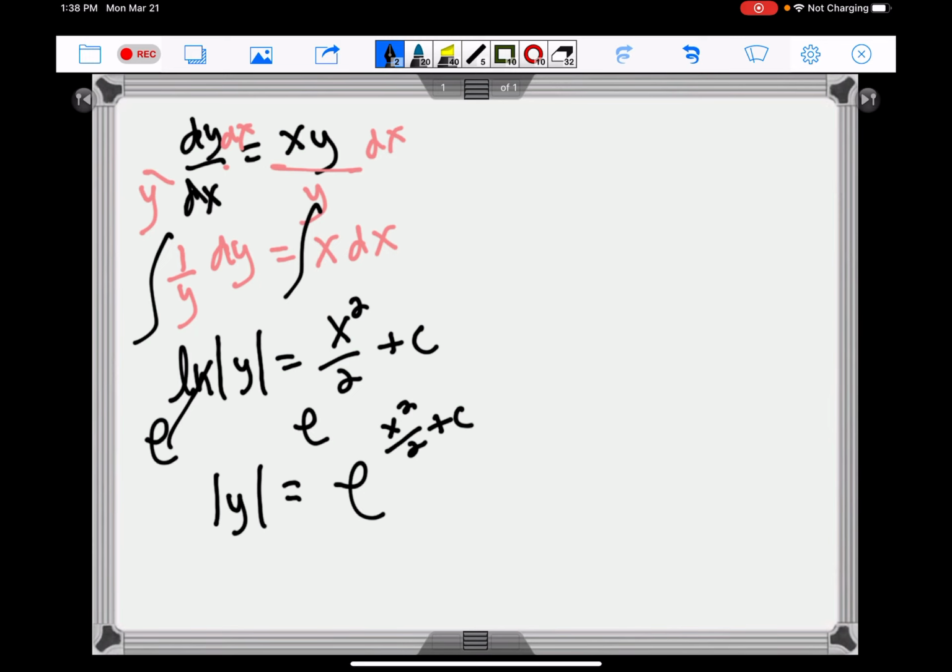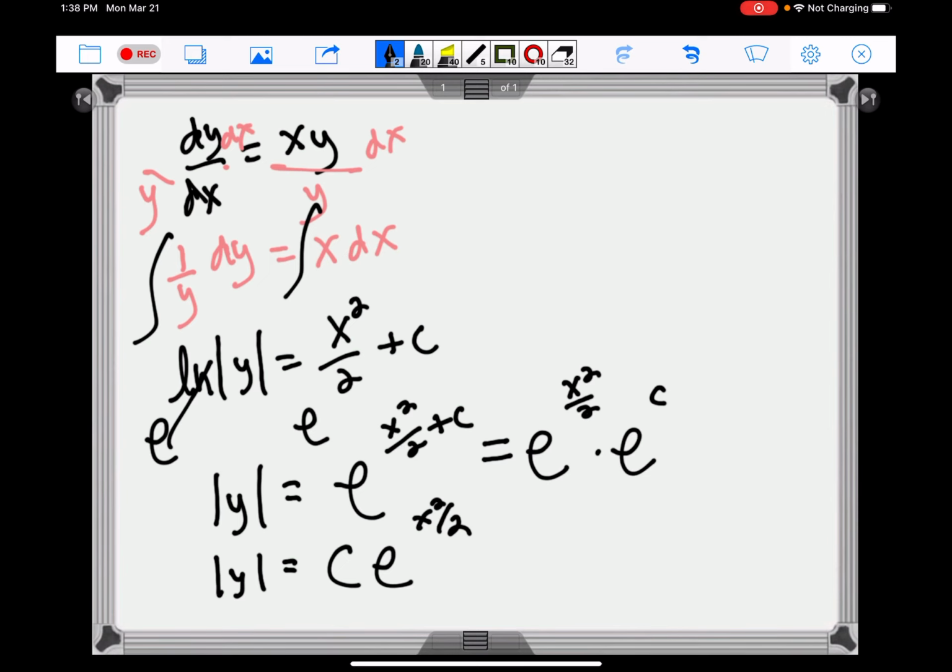Technically, this is the same as this. So here's the idea. This here, using my properties of exponents, is like this. And for the same reason, when I times c by 2, it's just c.